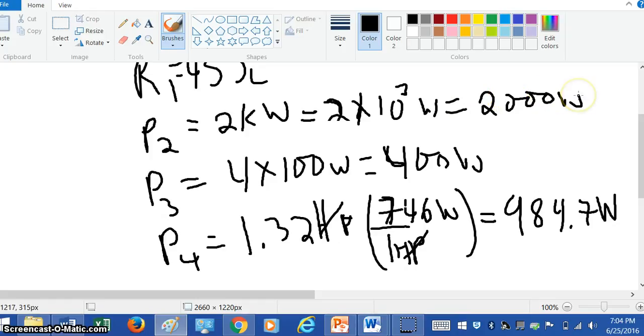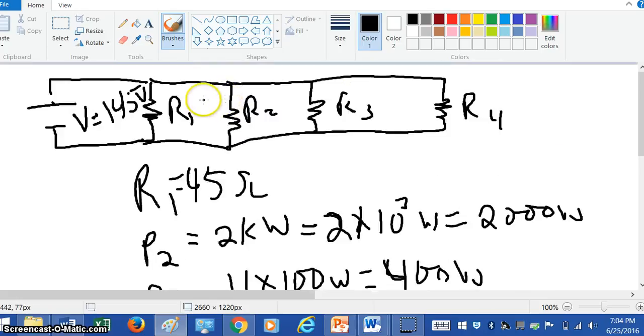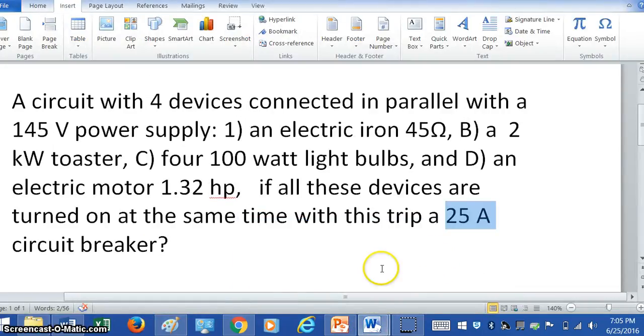All right, so we know the power for device 1, we know the resistance, and we've been told that there's this device, and I'm going to draw it like this, a little squiggly line right here. That's supposed to represent a fuse, and that fuse is rated at, let me read the problem again, I think it was 25 amps.